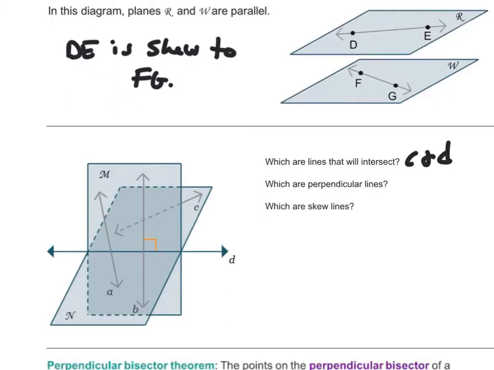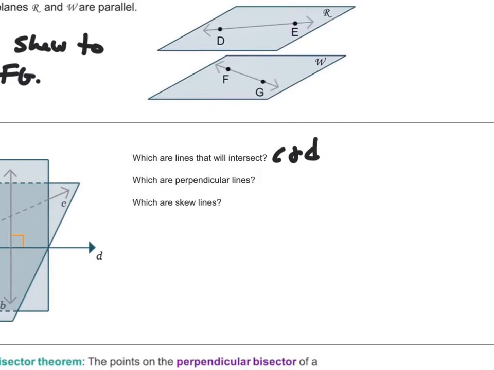You can also make the same claim about line B and line A. If you extend line A, it would eventually intersect with line B. So we can say C and D, or lines A, B, and C.